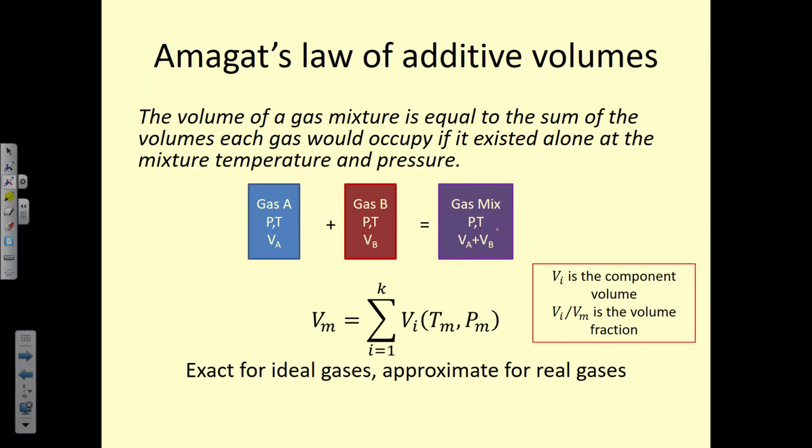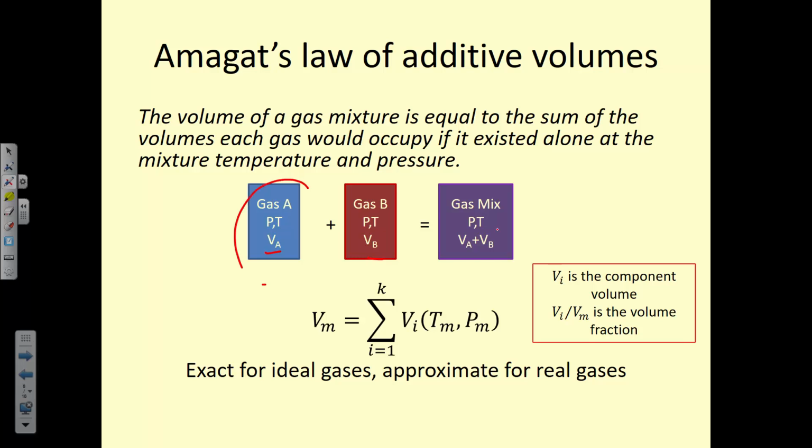Amagat's law of additive volume says that instead of adding the gases together and looking at the pressure change, we're now adding them and looking at the volume. So volume is cumulative rather than pressure. It's equal to the sum of the volumes of each gas if they existed alone at the temperature and pressure of the mixture.